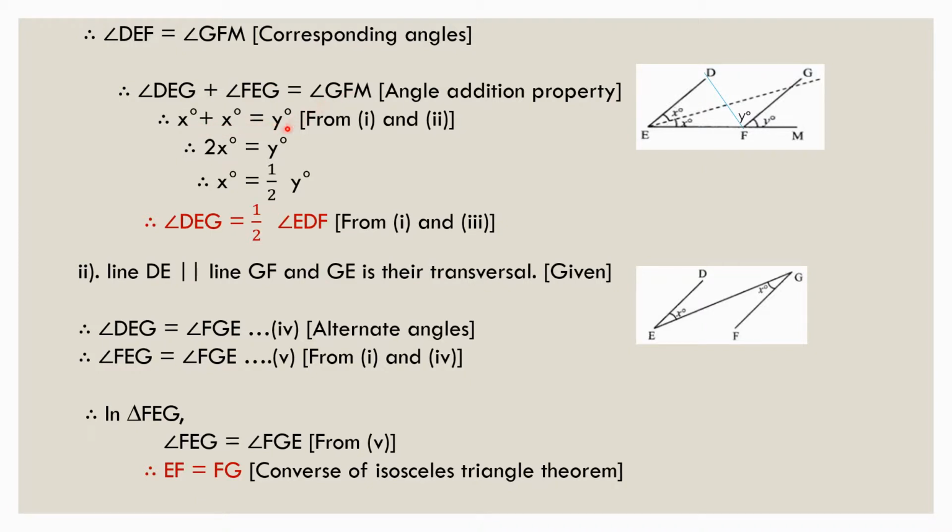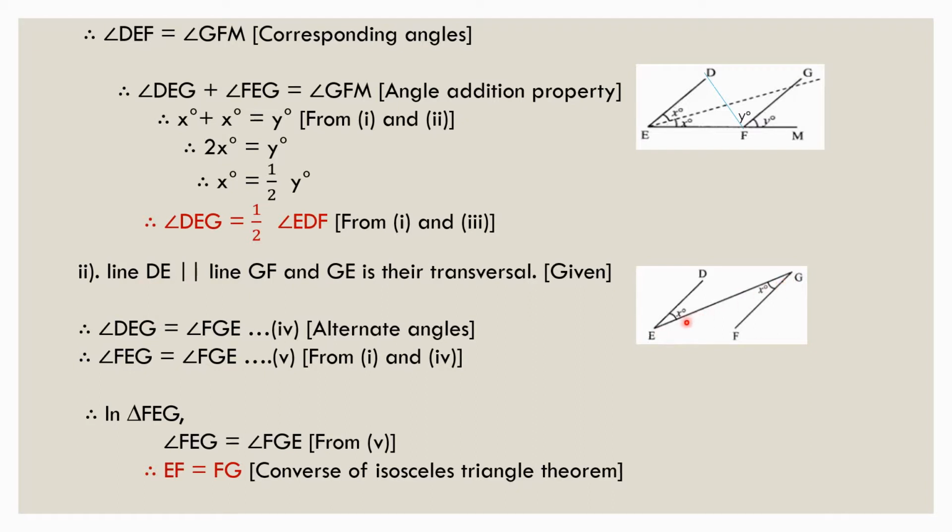Therefore, 2x is equal to y, so x degrees is equal to 1 by 2 into y degrees. From equations 1 and 3, angle DEG is equal to half into angle EDF. That is, we proved it.